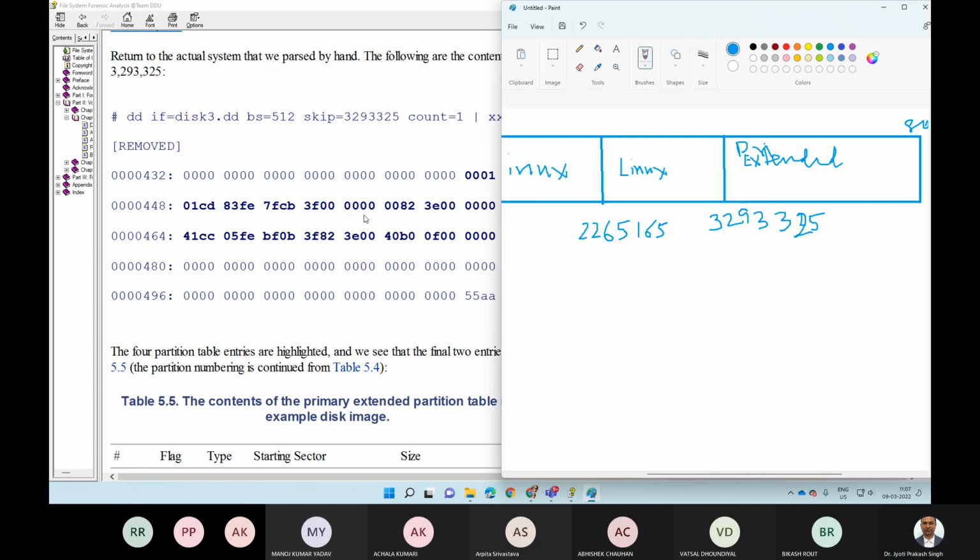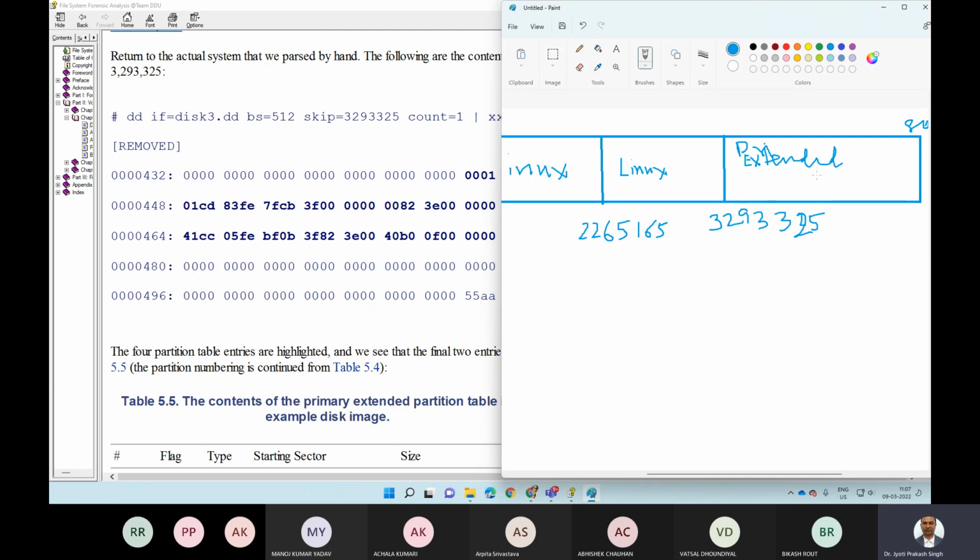This is in fact 63 only, because this is 3F. So this is 63. And then this one is basically 63 with respect to the extension of this extended one. And then the next one is this.